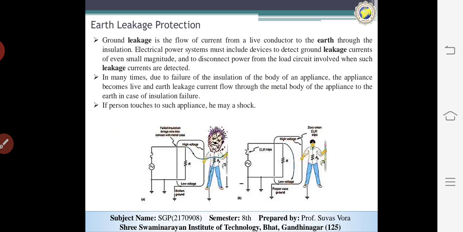But in this condition, the earth leakage makes the body live, and when anybody touches it, a small current passes through the body and the person gets a shock. This is small compared to the short circuit current, so the MCB will not trip and we can get the shock. So we make another leakage protection relay for these systems.